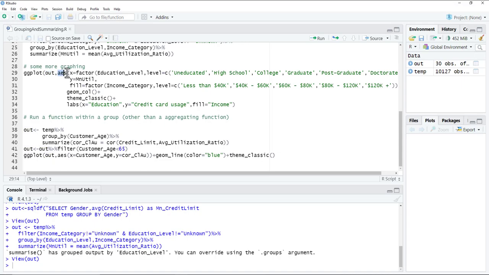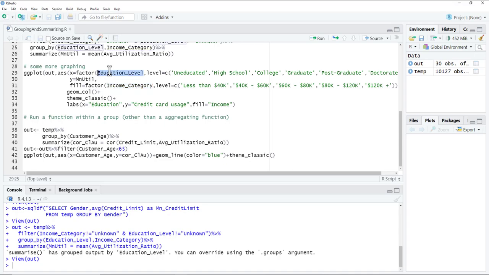AES is what gets input into the graphing function, and for X I'm going to use the education level, for Y I'm going to use the mean utilization that we calculated for each level, and I want to group by the income category level, so the fill I'm going to set to be determined by whatever their income category level is.